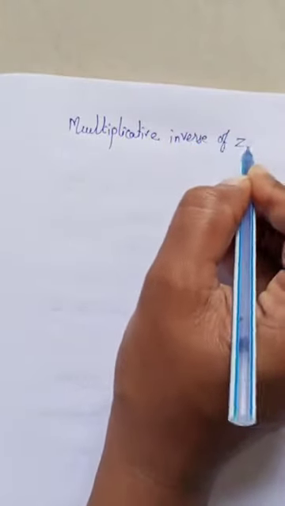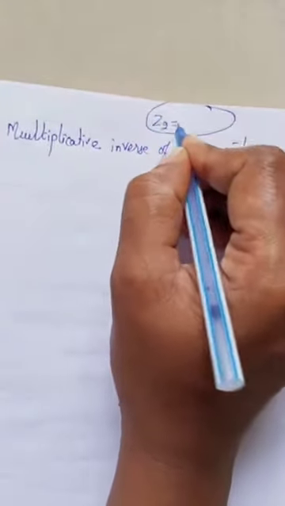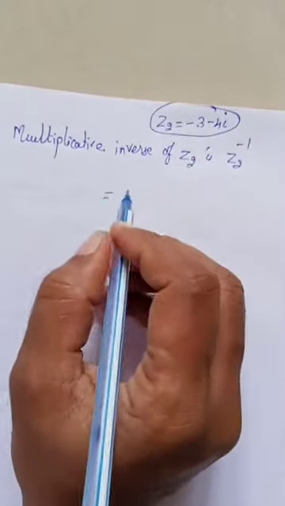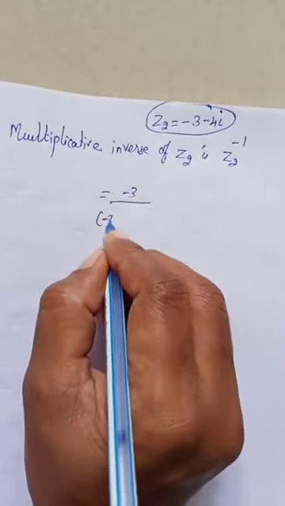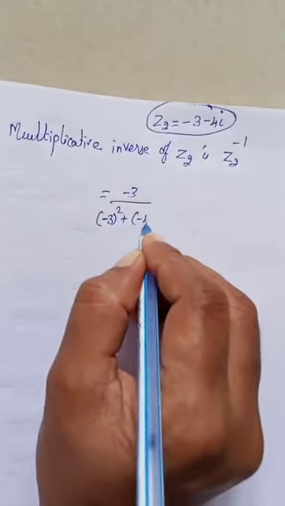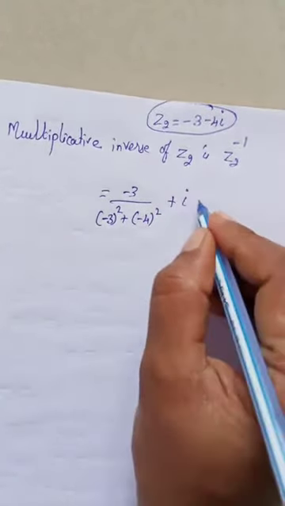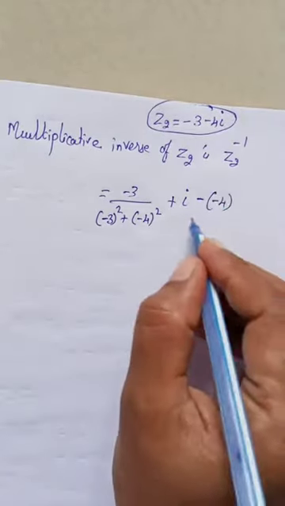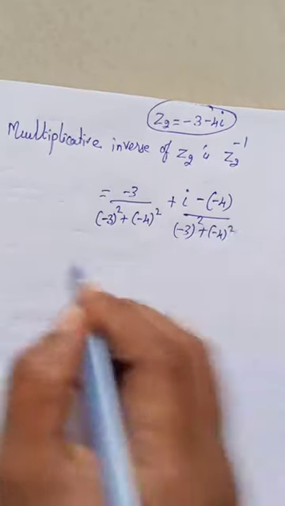The multiplicative inverse of Z2 is Z2 inverse. Z2 in the question is given as minus 3 minus 4i. Shall we use the formula? x is minus 3, by minus 3 the whole square plus minus 4 the whole square, plus i into minus y. Here the value of y is minus 4, divided by minus 3 the whole square plus minus 4 the whole square.